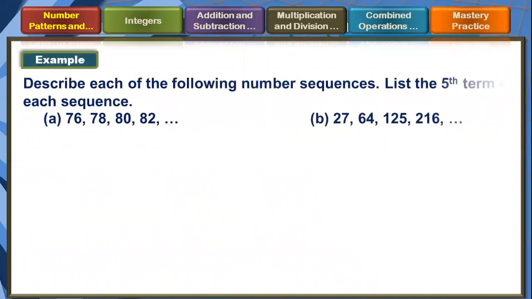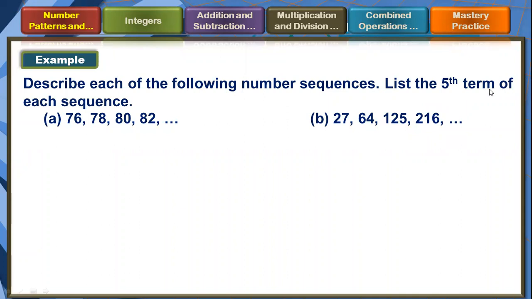So now we are going to solve number patterns of different numbers without using those easy to remember sequences of numbers. Here we will find the number pattern, or the formula that we will use to find a certain number that we are asked to find. For example, here, describe each of the following number sequences. List the fifth term.